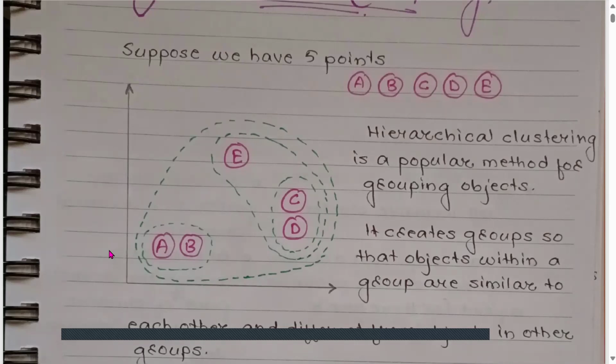Suppose we have 5 points: A, B, C, D, E. Hierarchical clustering is a popular method for grouping objects. If someone asks what is meant by hierarchical clustering, we have to say this is the method for grouping objects.